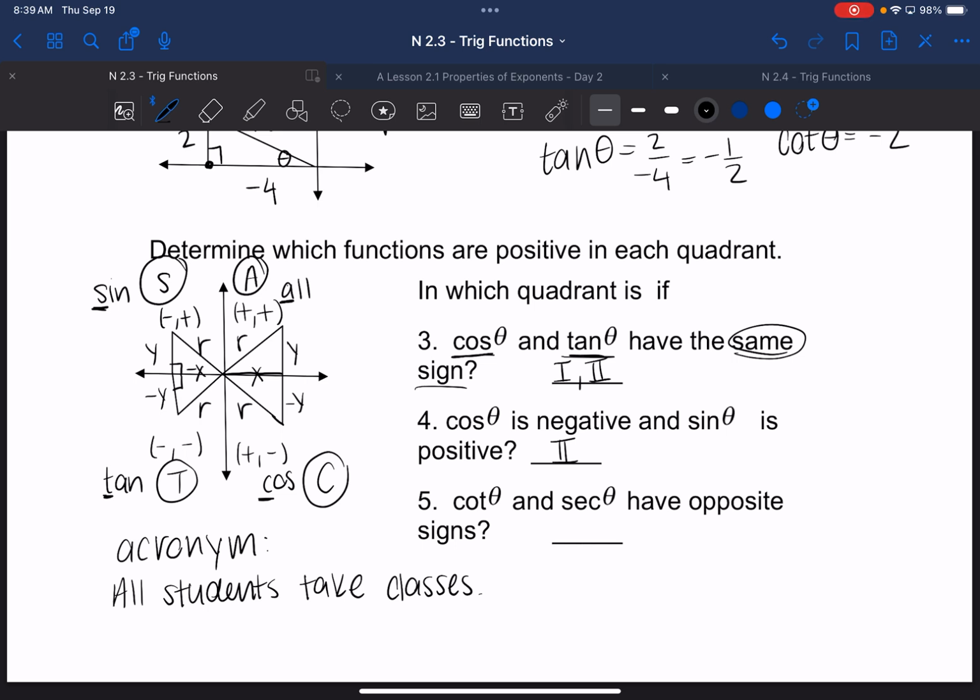Number 5 says we're looking at cotangent and secant. Well, cotangent goes with tangent, right? So cotangent is piggybacking on this one. And secant goes with cosine, right? So we're looking, where do these have opposite signs? 3 and 4. So in quadrant 3 and in quadrant 4. All right.